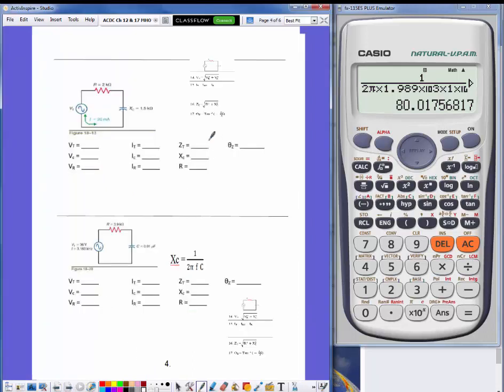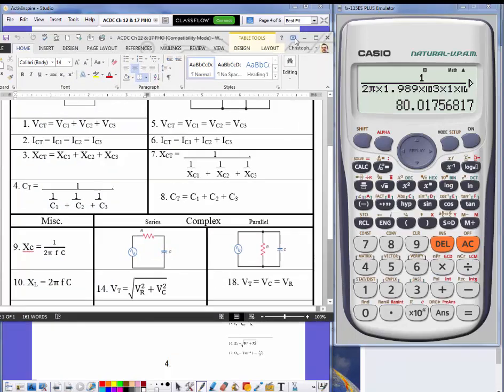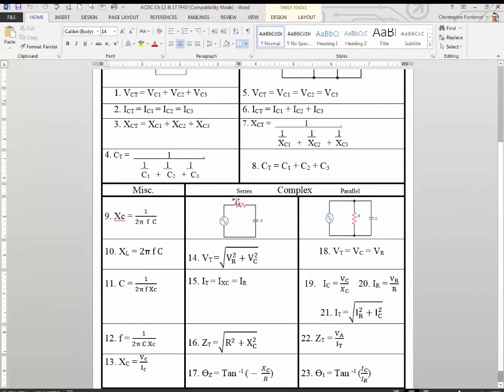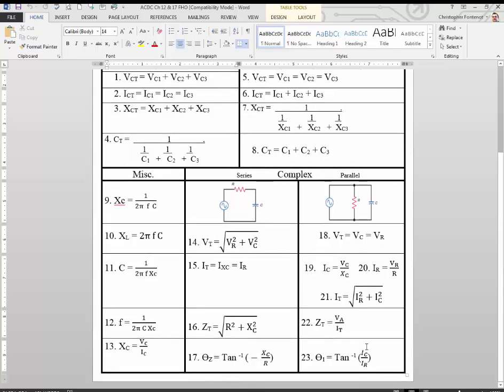All right, next we're going to do our complex problems. On your formula sheet, you will see here, you have your series complex. When you have a resistor and a capacitor in the same circuit, it's a series complex circuit. In order to calculate that circuit, you use only formulas 14, 15, 16, 17.